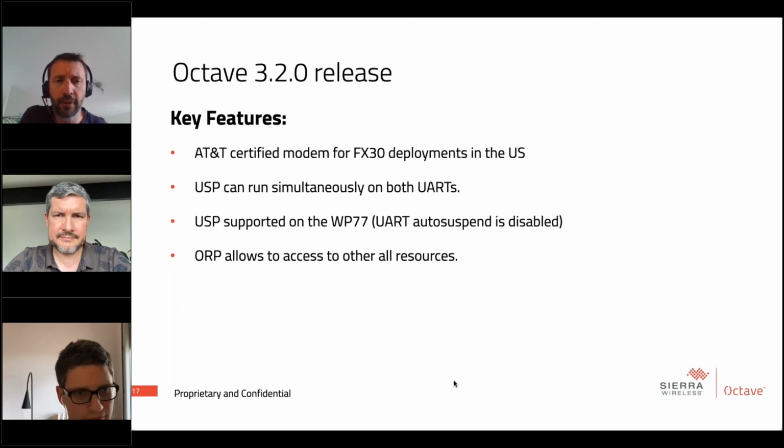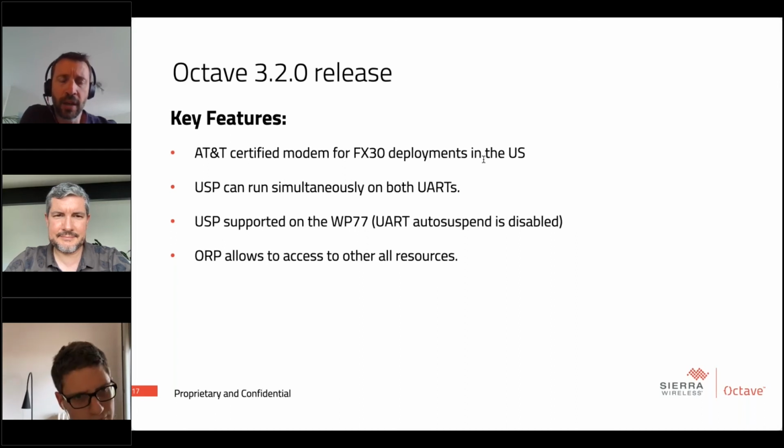Plus bug fixes. In terms of key features, one is more specific for our customers and partners in North America, or those of you who have projects in North America and the US specifically. We now have FX30 and FX30S available, with dedicated SKUs with enablement on AT&T's LTE-M network, and the FX30 firmware is certified in terms of AT&T modem.